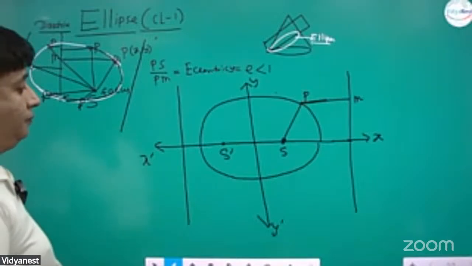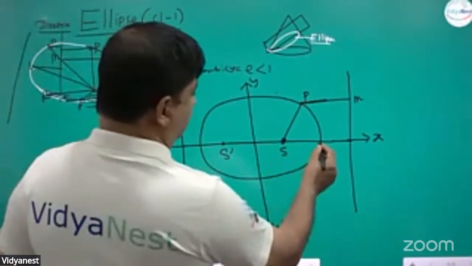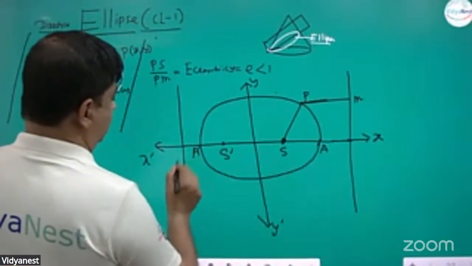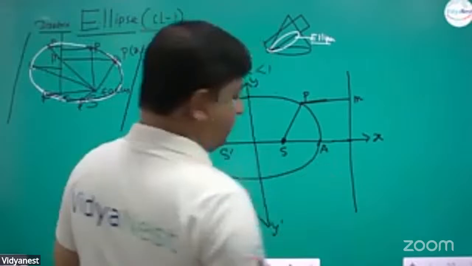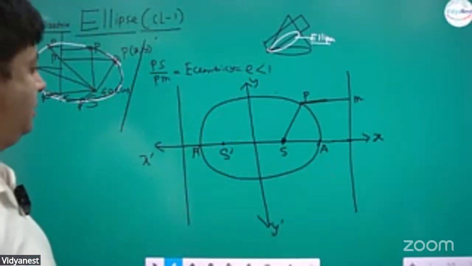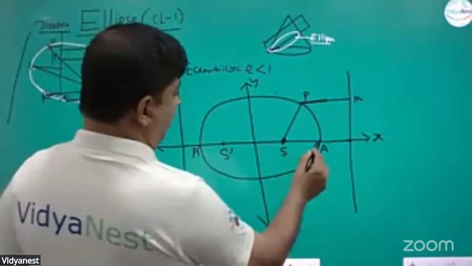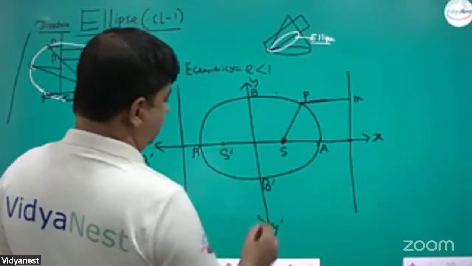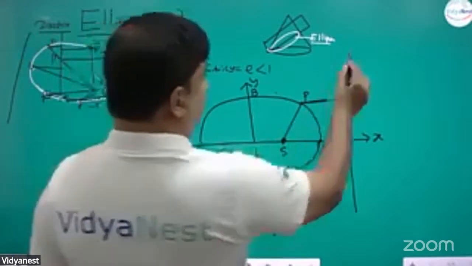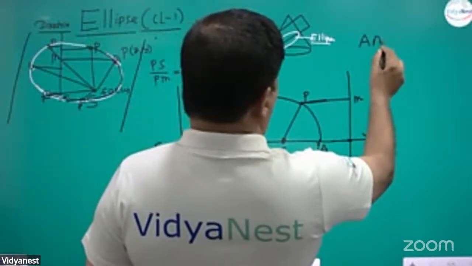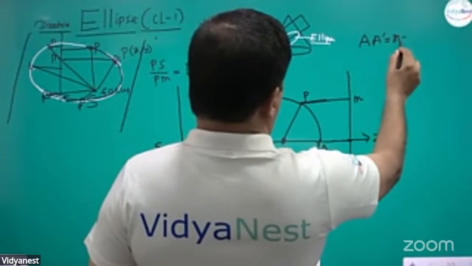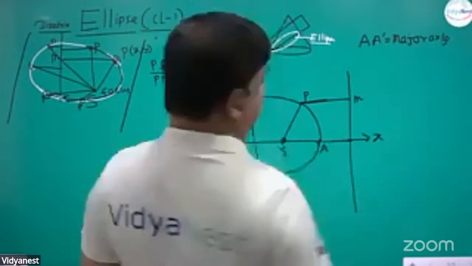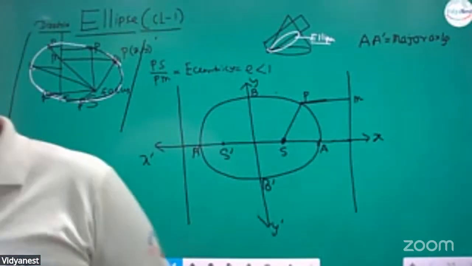Now, these two points are denoted by A dash. This figure suggests that this part A dash is greater than B dash. This A dash is called major axis.